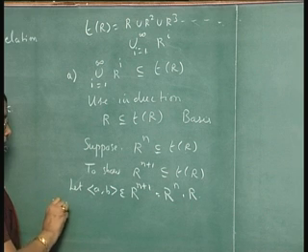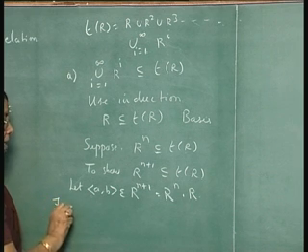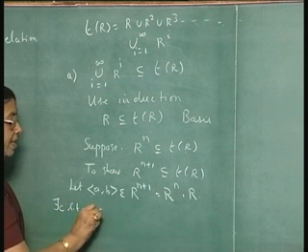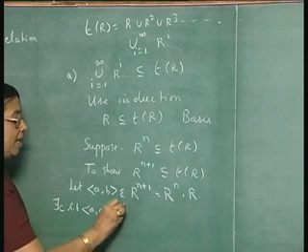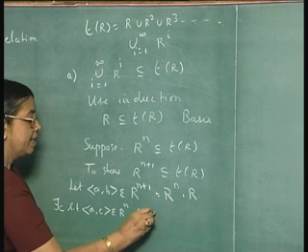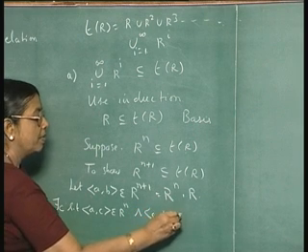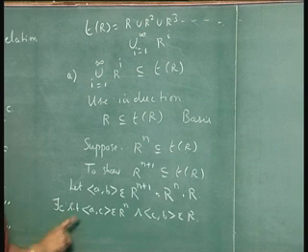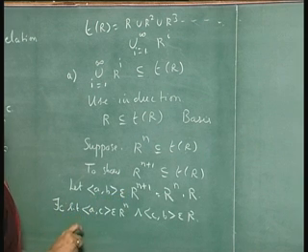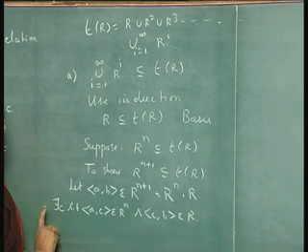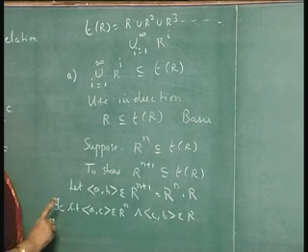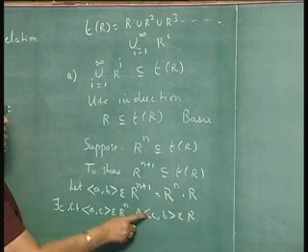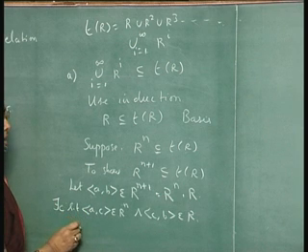When there exists a c such that (a, c) belongs to R^n and (c, b) belongs to R. When you say (a, b) belongs to R^(n+1), that means there should be a c in A, as this is all defined on a set A. So, (a, c) belongs to R^n and (c, b) belongs to R.